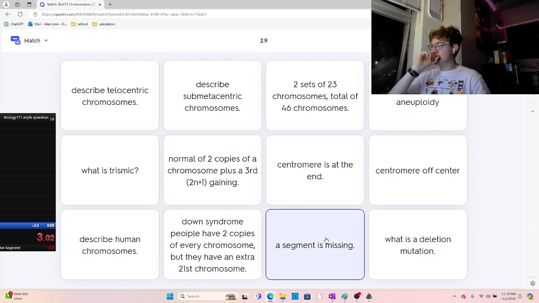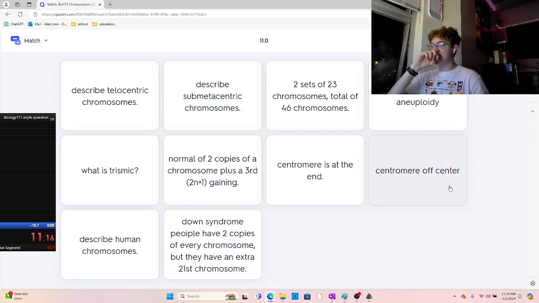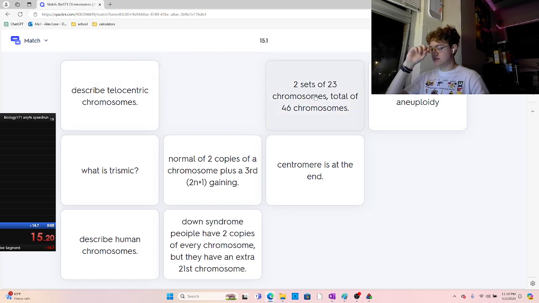A segment is missing. That is deletion. Centromere off center. That is submetacentric. What is an example of aneuploidy?